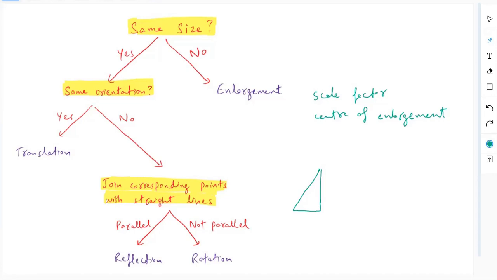अब आप क्या करोगे? आप corresponding points को straight line से join कर दोगे.